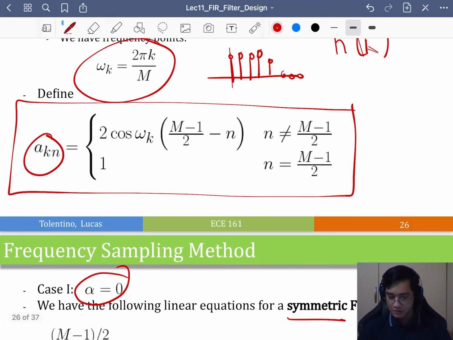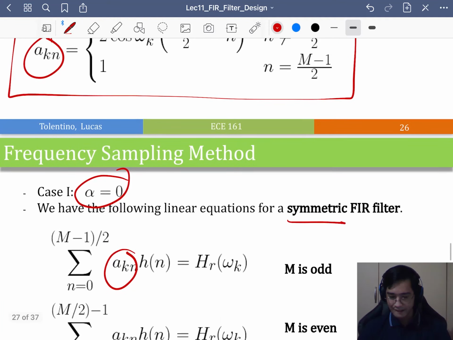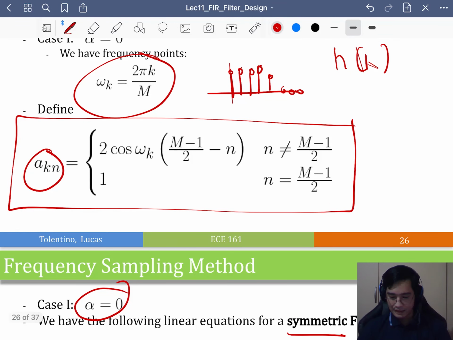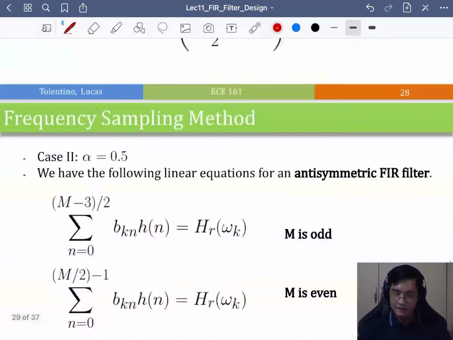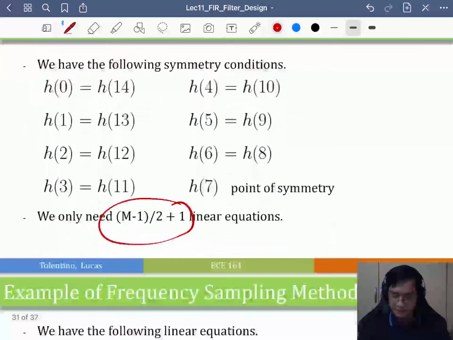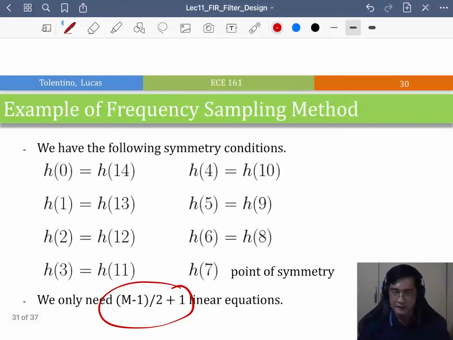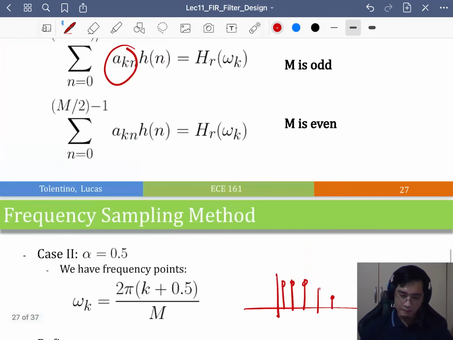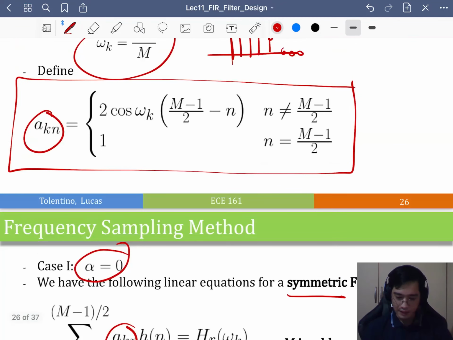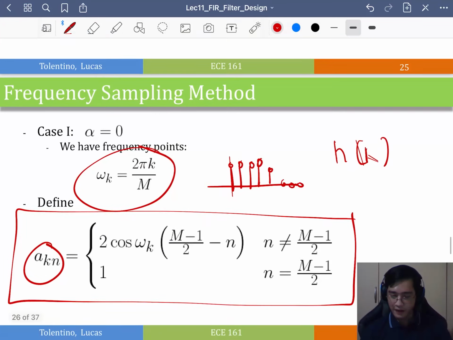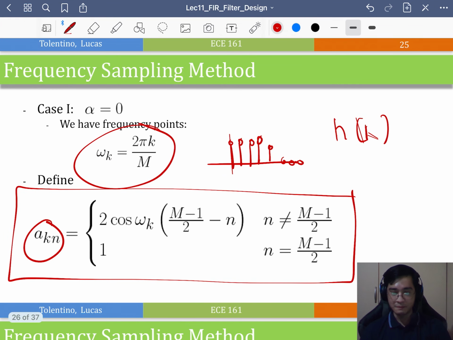So how do you do that? What I want you to do is use this formula. I want you to define a K by N matrix.